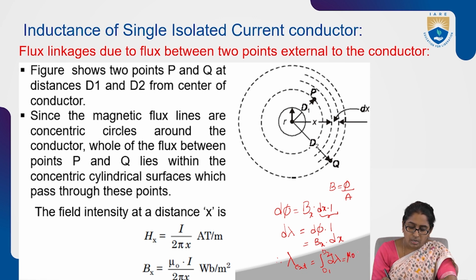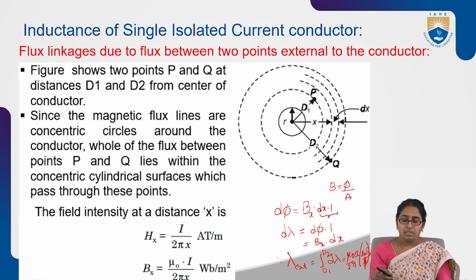Substituting d psi, the limits are the 2 points we have taken, distances D1 and D2 externally. Applying the lower limit and upper limit, we finally get mu naught I by 2 pi into log D2 by D1.